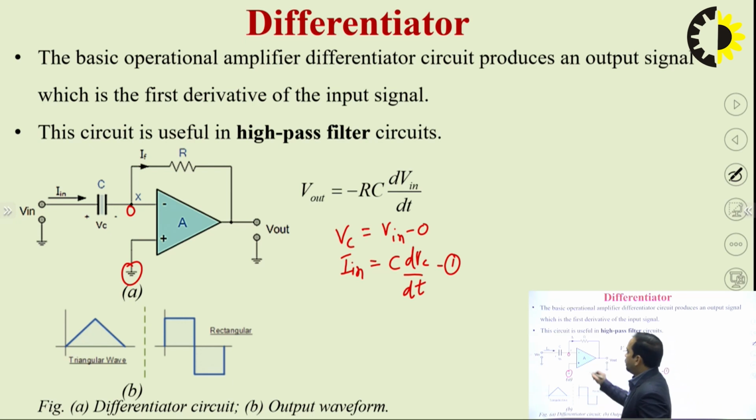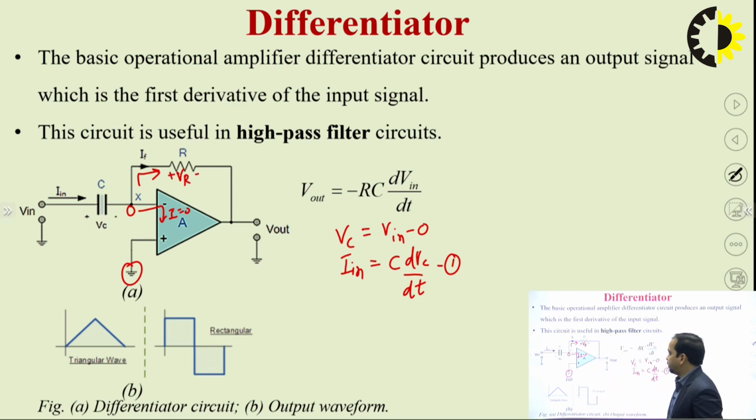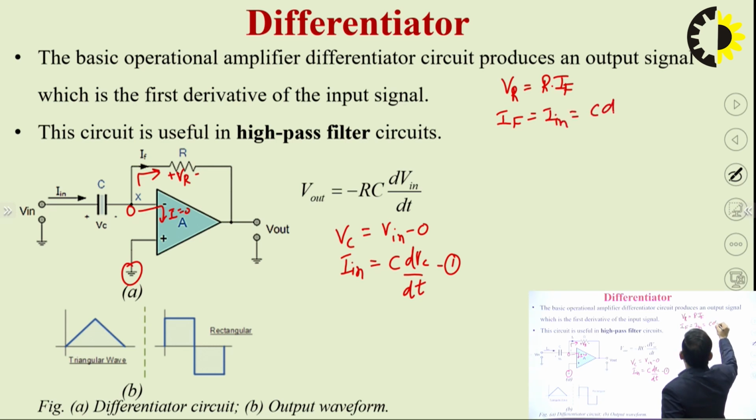Further, no current enters the op-amp. That means all the current gets bypassed to the feedback resistance, and let's say VR is the voltage across the resistor. So VR equals R multiplied by IF, and IF is equal to I input, which is C dV by dt.